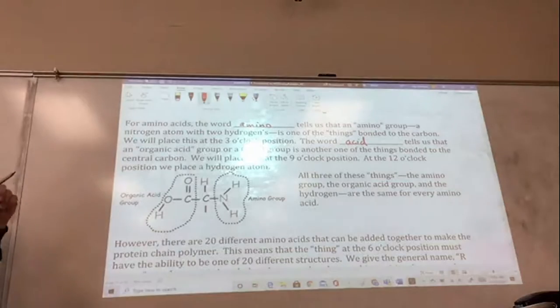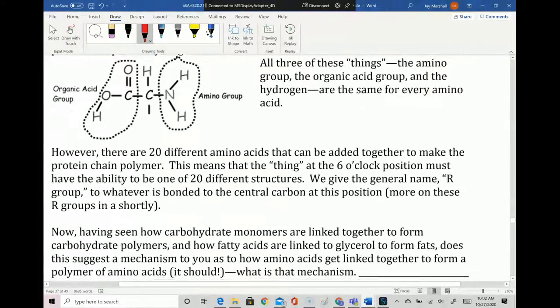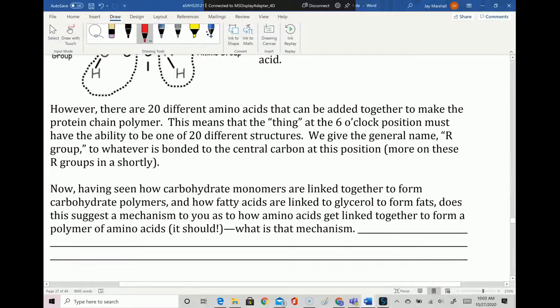Does anybody know how many? Oh, well, it's right there in the next statement. We have 20 different amino acids that can be added together to make proteins. This means the thing at the 6 o'clock position has to be one of 20 different things. Okay? Now in math, if we say that something can have different values, we call that a variable, right?